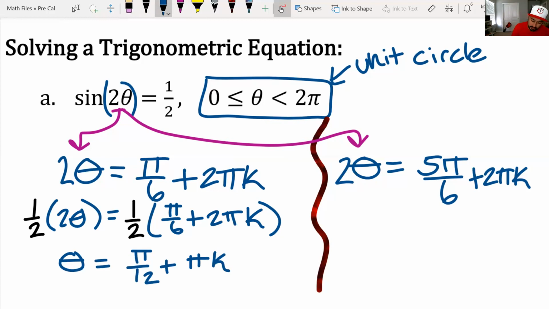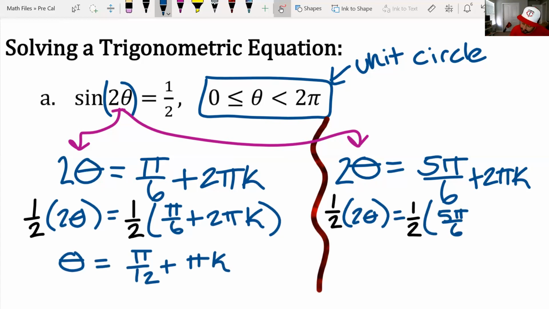And same thing over here. 1/2 times 2 theta equal to 1/2 times 5 pi over 6 plus 2 pi k.